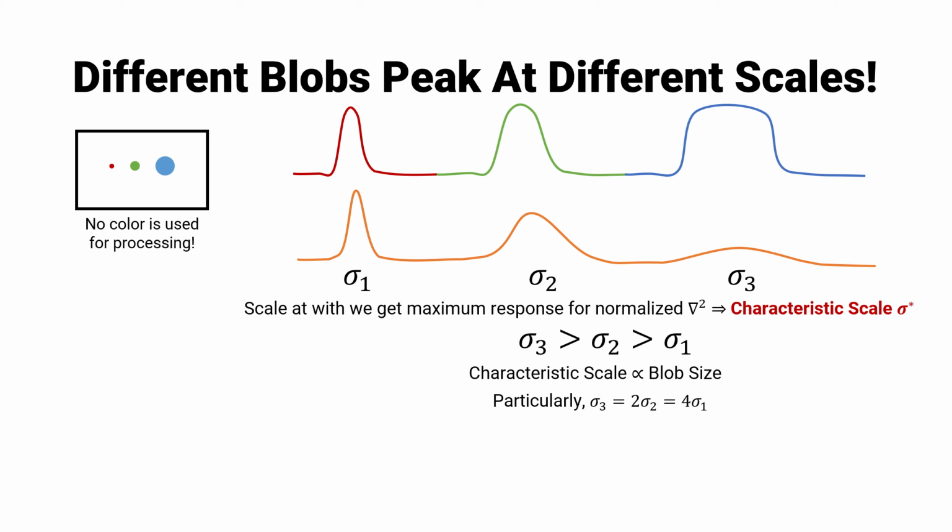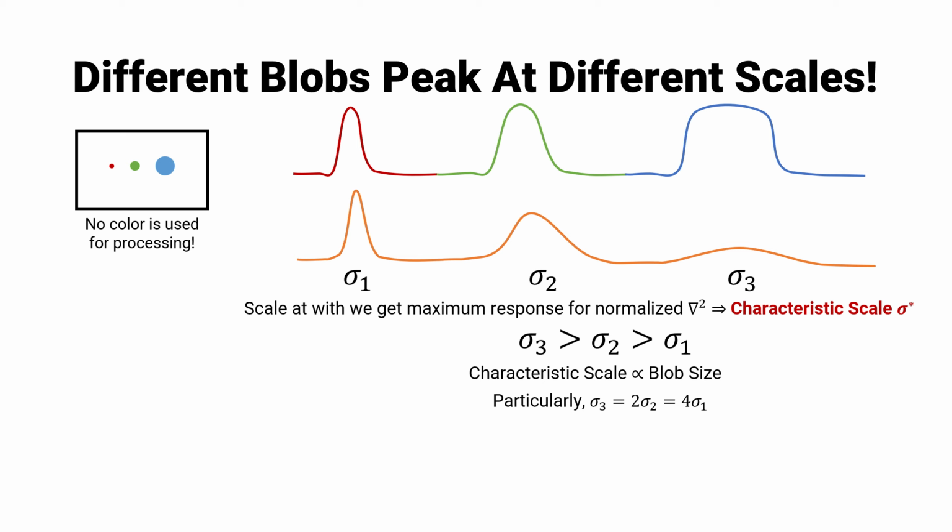Particularly in this case, we had sigma 3 double of sigma 2, which is basically double of sigma 1, or sigma 3 is 4 times that of sigma 1.